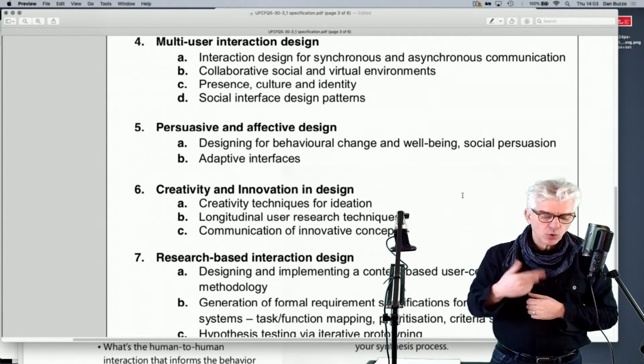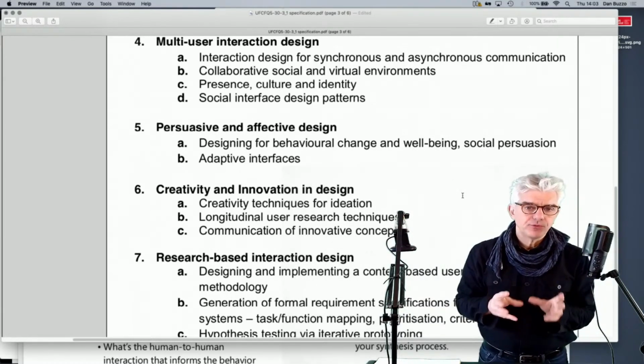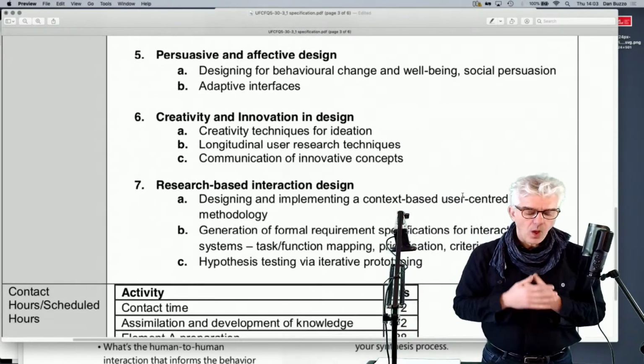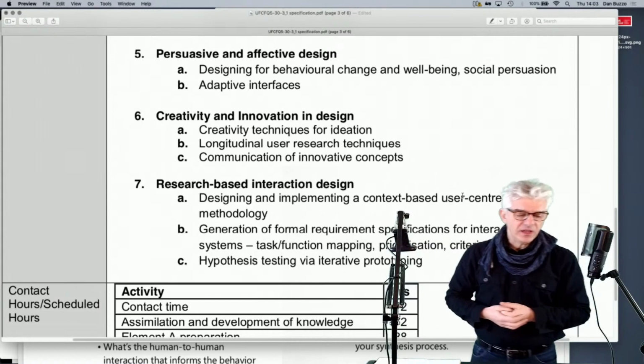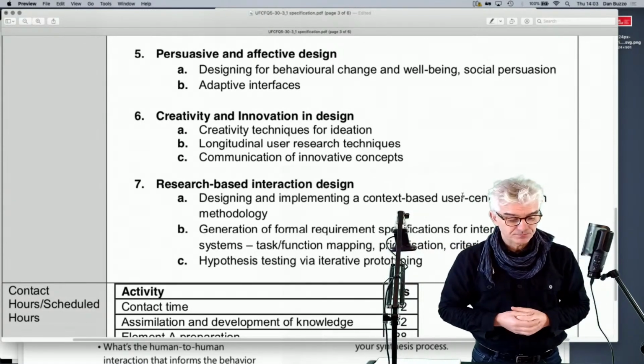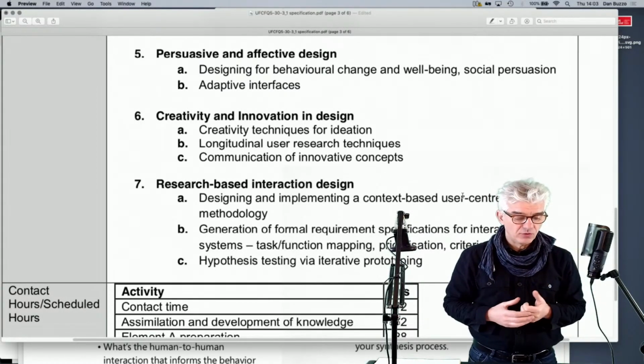And we're going to talk a little bit about behavioral change, well-being, social persuasion, and also different models of it. A big part of this is encouraging you to be creative and think about innovation in design, in ideation, communication of concepts and development.